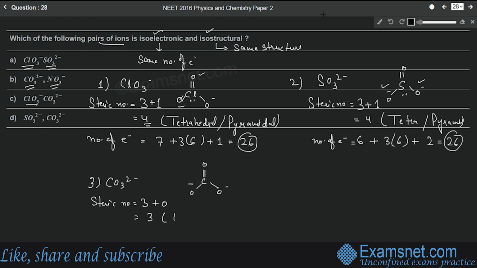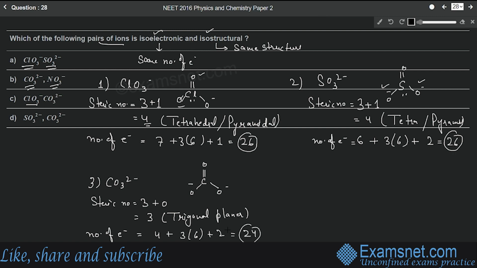That means the shape will be trigonal planar. Now we'll find the number of electrons. How many valence electrons in carbon? 4. Okay, plus 3 oxygens, so 3 into 6, and a 2 minus charge, so 2 more electrons, and when we add them up, we'll get 24 electrons.